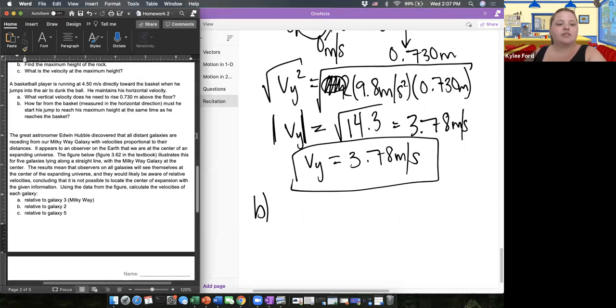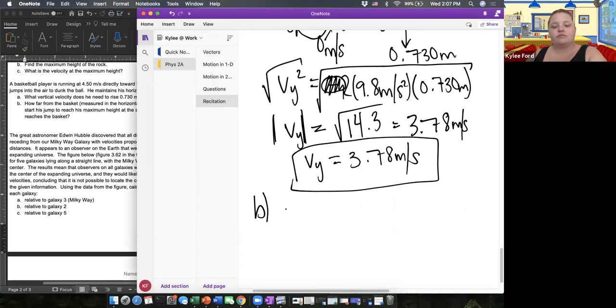Horizontal direction, must he start his jump to reach the maximum height? So our max height, remember, is going to be where our velocity in our y direction is 0.